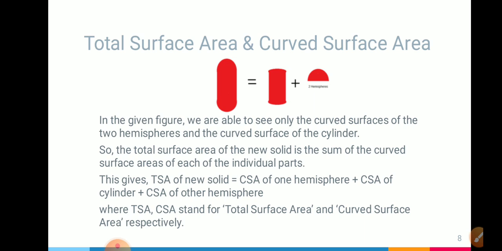So the total surface area of the new solid is the sum of the curved surface areas of each of the individual parts. Therefore, the total surface area of this solid will be equal to the curved surface area of one hemisphere plus the curved surface area of the cylinder plus the curved surface area of the other hemisphere.